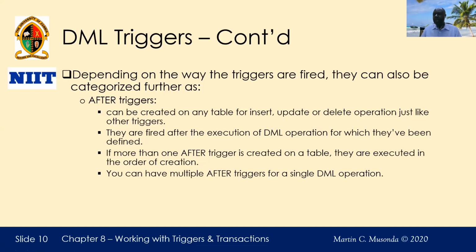Then the second trigger is going to be executed next. If you have 4 after triggers for a given table, then they are going to be executed in that sequence, starting from the first one, then the second, third, and then lastly the fourth.